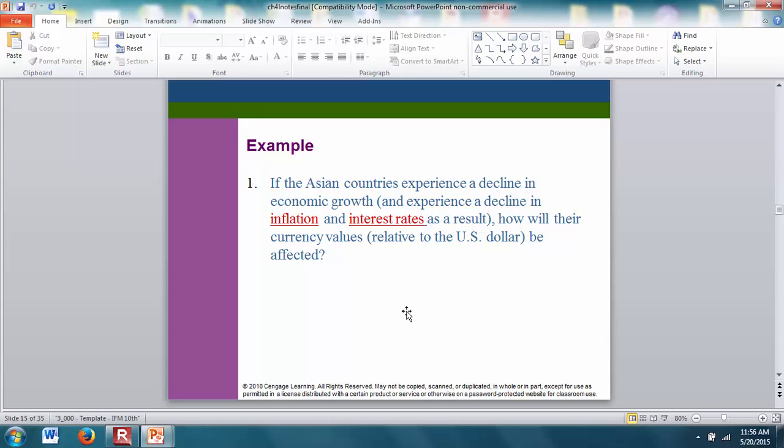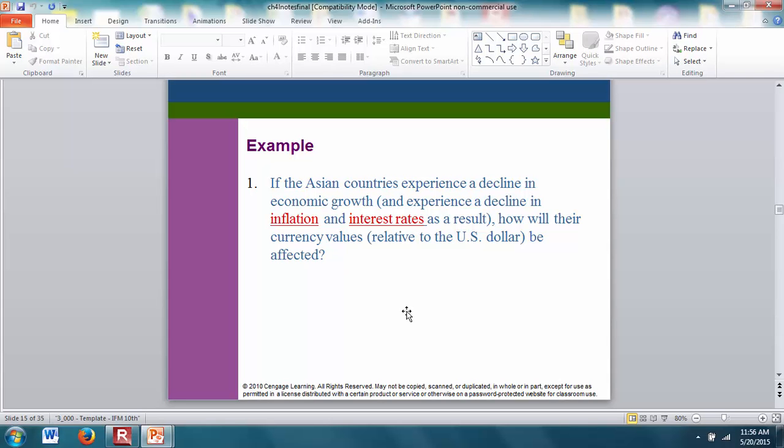Now we want to talk about a few examples. If Asian countries experience a decline in economic growth and experience a decline in inflation and interest rates, how will their currency values be affected? So we are talking about two factors that affect exchange rates. One is inflation, and what we said was because of higher inflation, you can expect the currency to go down.